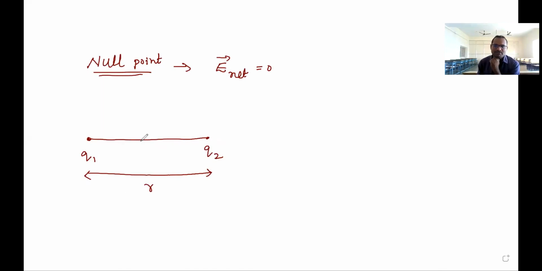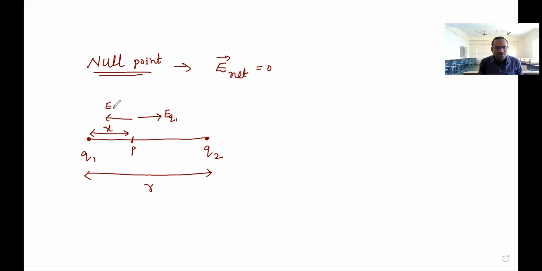That location we want. Let us consider a point P at a distance of x from Q1. At this distance x, at P, due to Q1 the electric field will be in this direction, that is the electric field due to Q1. And at point P, due to Q2 charge, the electric field will be in this direction.